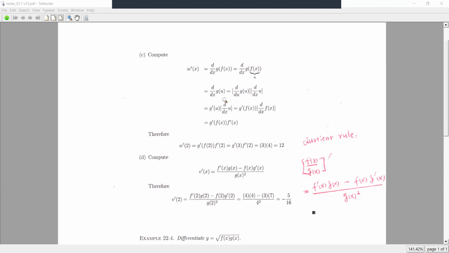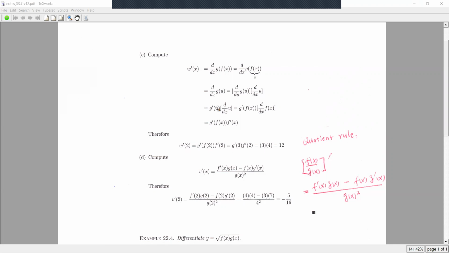To overcome the difficulty, I insert du in the denominator and du in the numerator. Then this derivative is equal to this derivative times this derivative. This step is the chain rule. The derivative of g of u with respect to u in other notation is g prime of u.